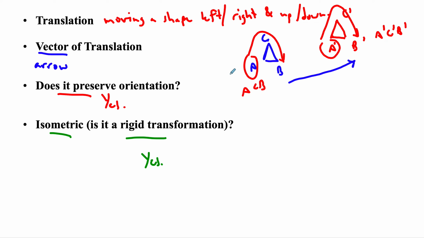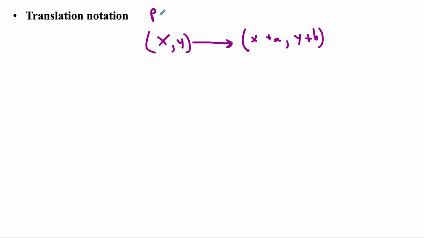Now, I'm going to show you what the notation is. There's two different ways to go, right? We could say that xy becomes x plus a, y plus b. So xy would be our pre-image points, and this would be our image.